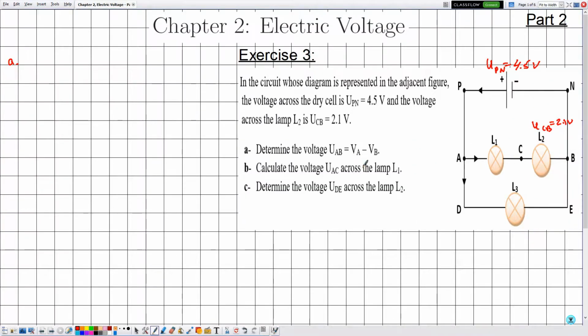And this can be determined by applying the law of addition of voltages. So always in physics, we need to mention the law that we are using. So let's start as a title: apply law of addition of voltages.